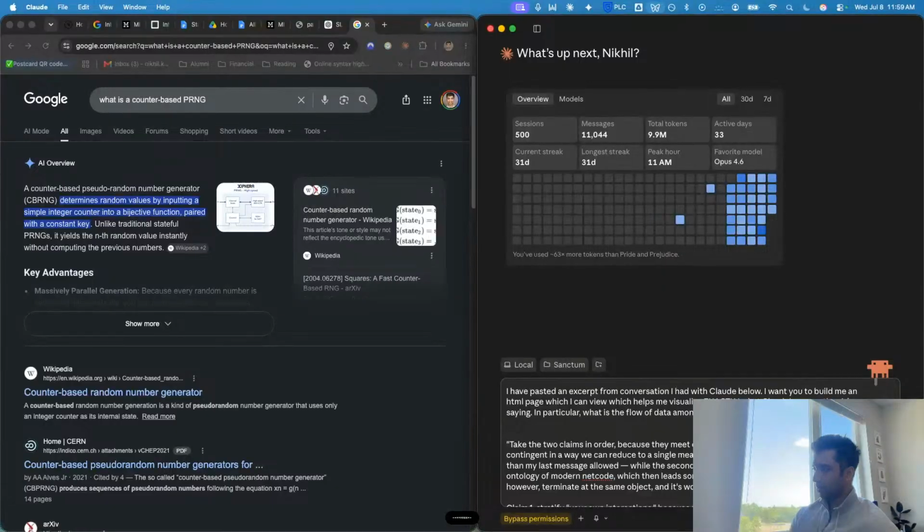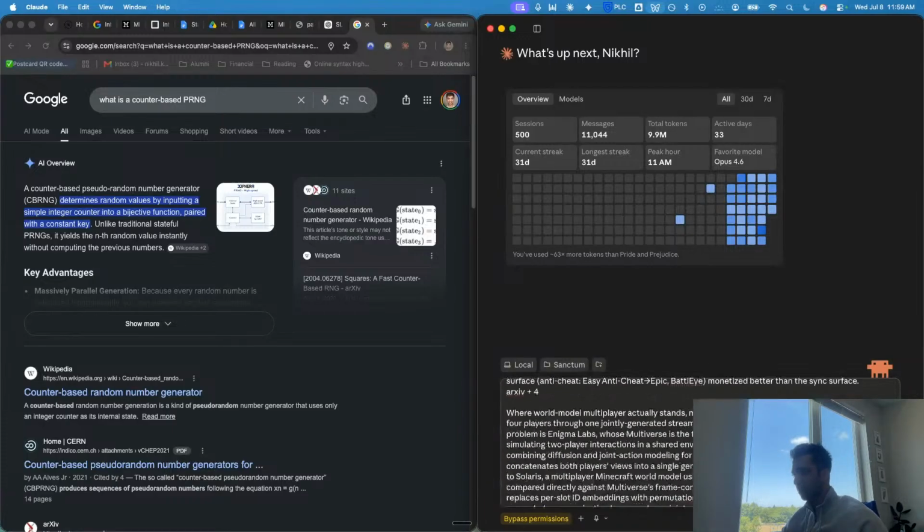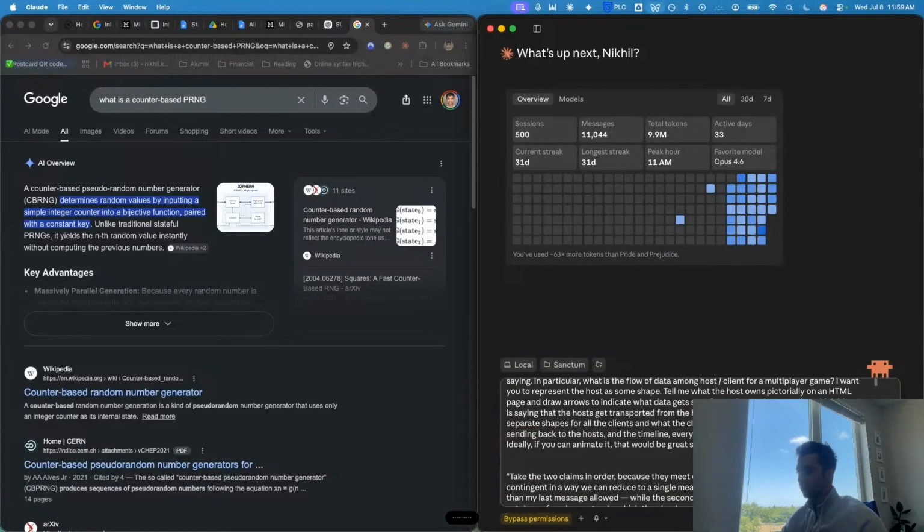And then there should be separate shapes for all the clients and what the clients do with those latents, what they're sending back to the host, and the timeline of everything, like what's delayed and what isn't. And ideally, if you can animate it, that would be great, so I can visualize everything. And the picture should demonstrate to me what the actual product I'm building is versus what I'm not building, what's owned by the frontier labs themselves or the world model builders themselves.